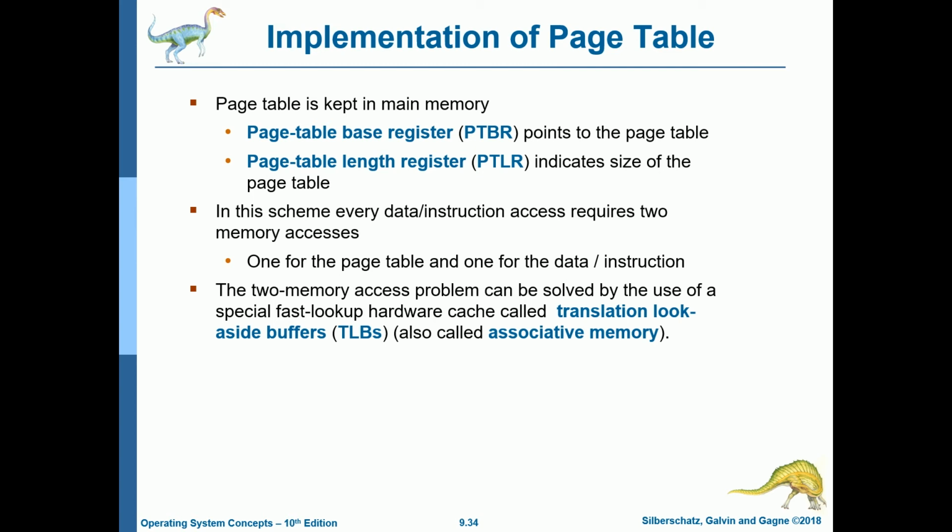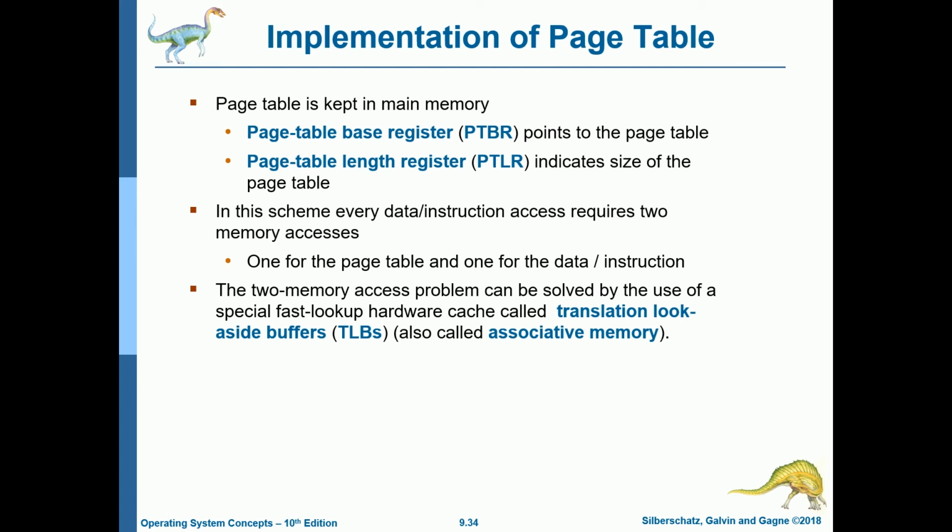Now, although storing the page table in main memory can yield faster context switches, it may also result in slower memory access. Suppose we wanted to access location i. We must first index into the page table using the value in the PTBR offset by the page number for i. This task requires one memory access.